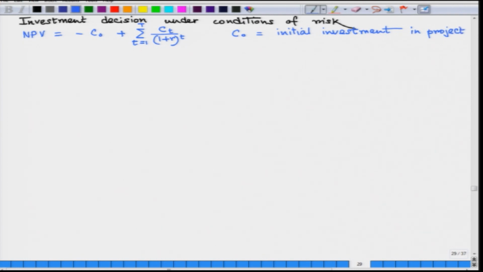Okay. Now, CT is going to be the net cash flow to the consumer or to the investor.